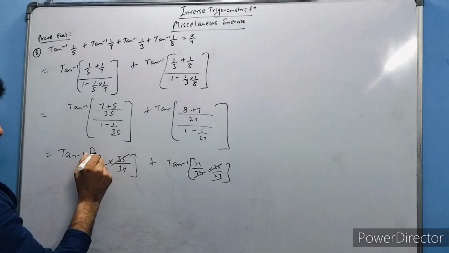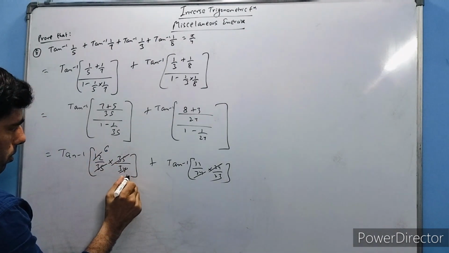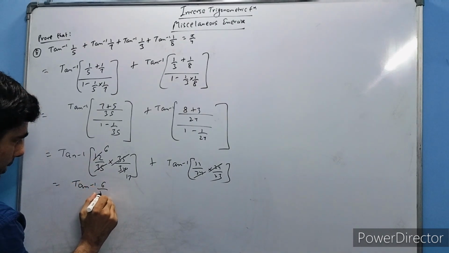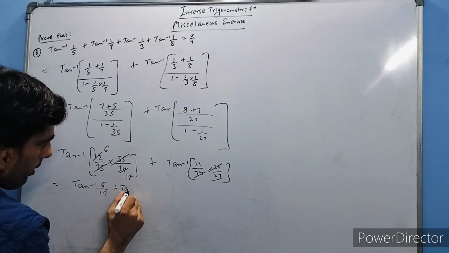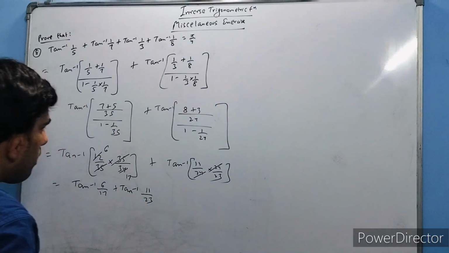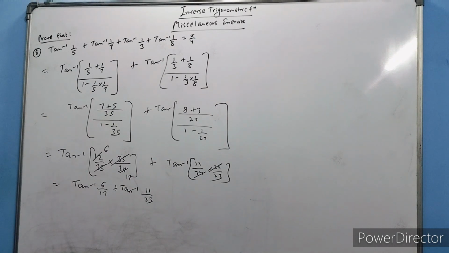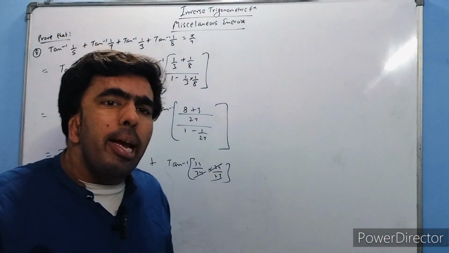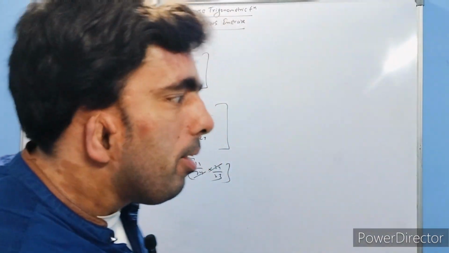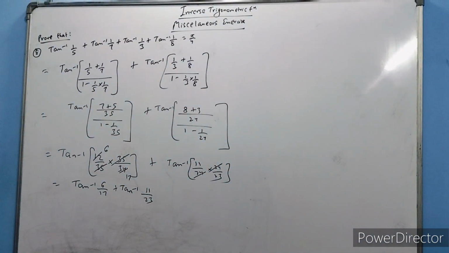Further, I got tan inverse 6 upon 17 plus tan inverse 11 upon 23. Again now I have to apply the identity for tan inverse x plus tan inverse y, that is x plus y upon 1 minus xy, sorry.